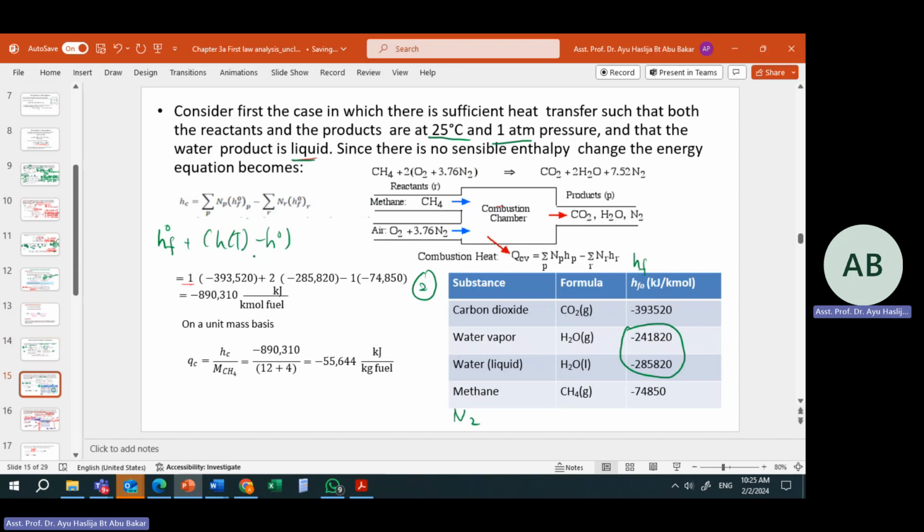So sensible heat is when it involves temperature difference. Since T2 and T1 are the same, here H0 is at T1. So here there's no sensible heat because it is at the same temperature. So we only consider the HF, HF of the component.